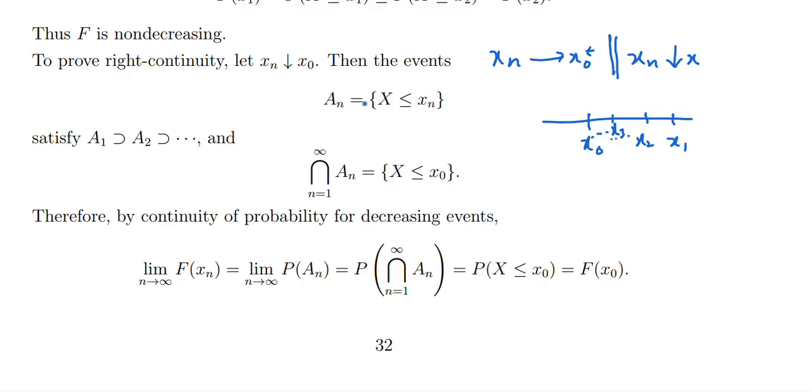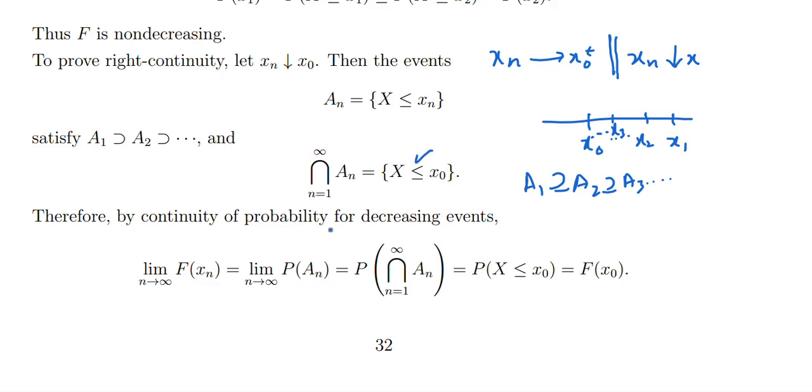Then the events satisfy: A1 would be a superset of A2, a superset of A3 and so on. And note that the intersection of all A_n would be what? X less than or equal to x naught.